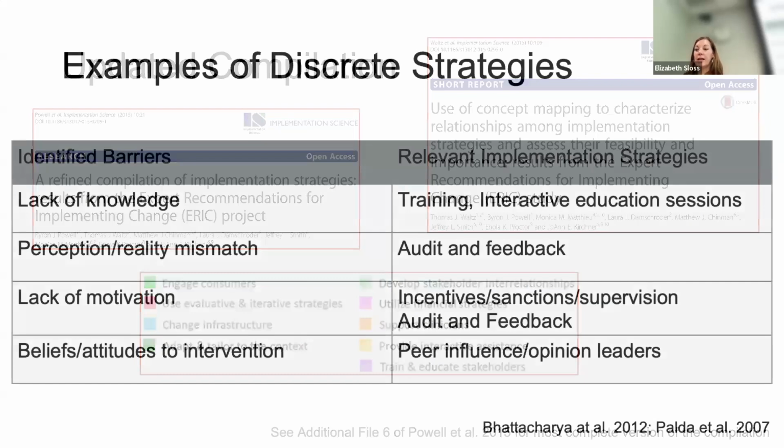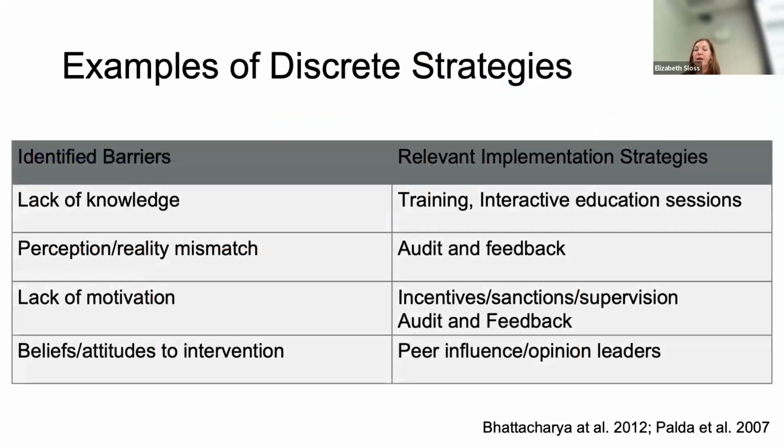So what are those, kind of coming back to this idea that we have characteristics of our strategies. Here's a couple examples of what are discrete strategies. And how you select your strategy is really informed by context. And what did you identify as the barriers or facilitators in the context or settings in which you're working?